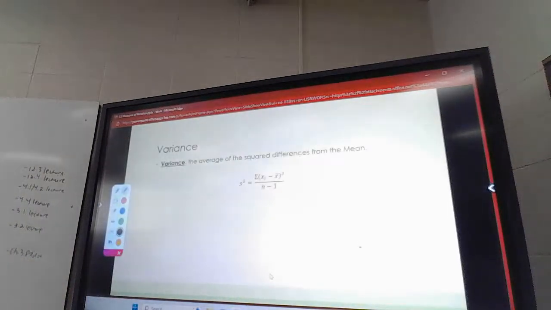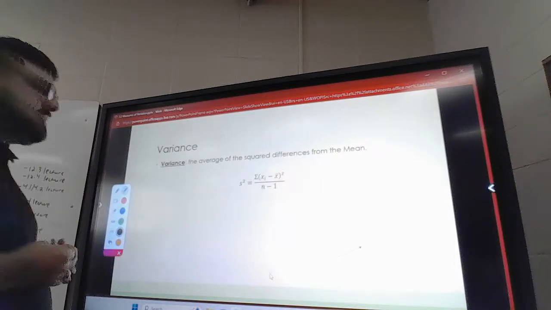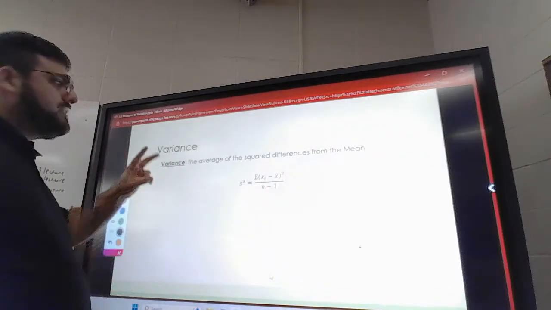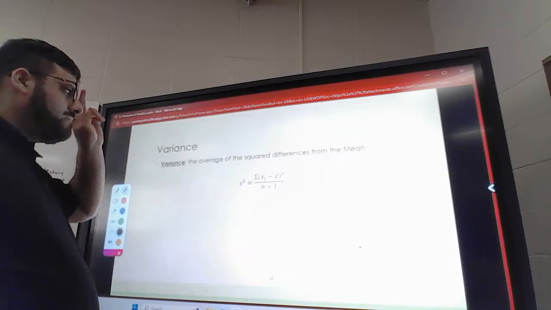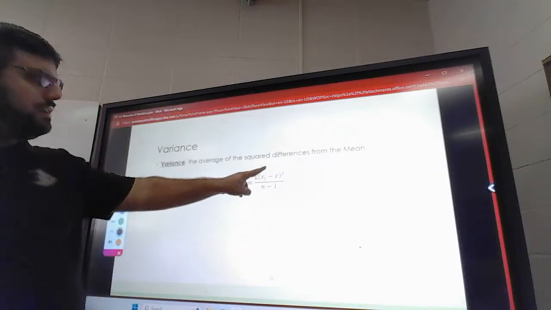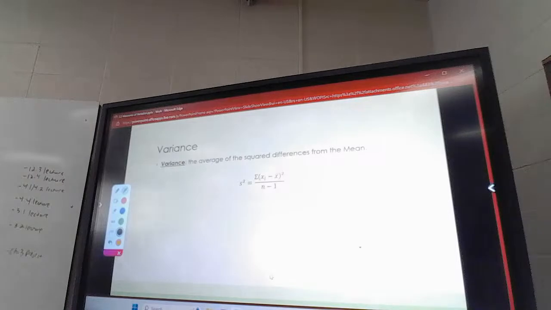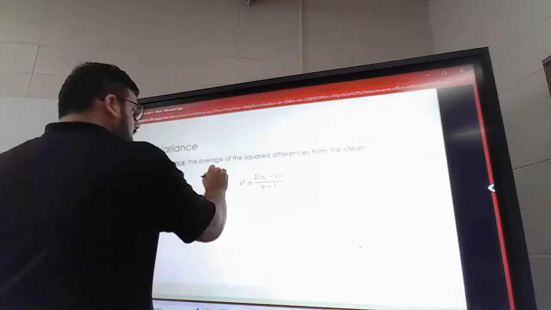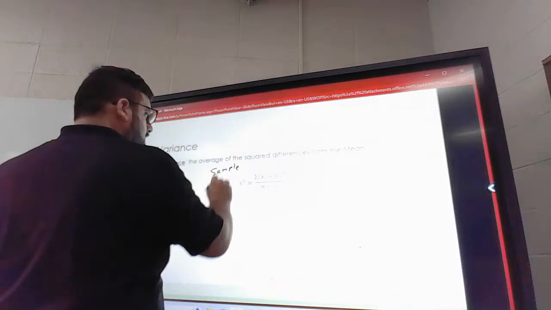Okay. So one of the big key topics in this section is variance. Variance is the average of the squared differences from the mean. Now here we see this symbol. In your notes, there are two main formulas for variance. This right here is a sample variance.